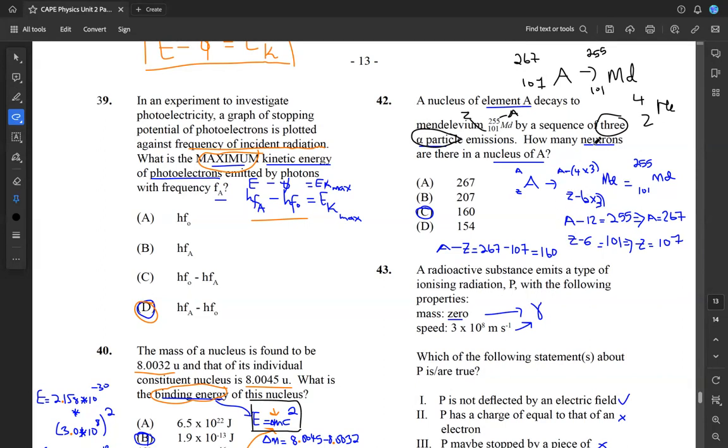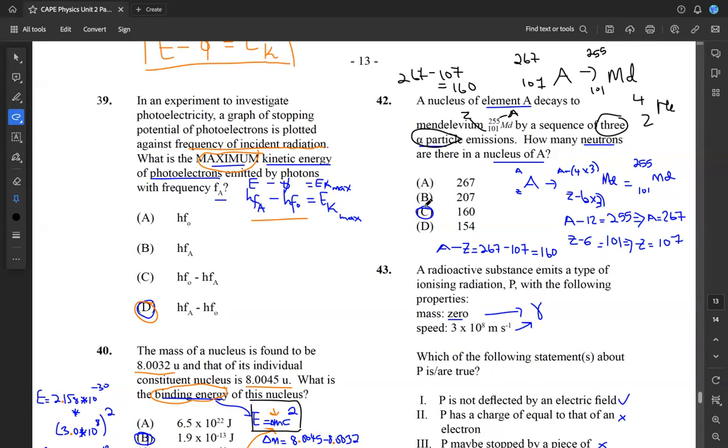So if they're asking us how many neutrons are in the nucleus of A, they're asking us about the element A. So to find the number of neutrons, all we have to do is take the mass number, which is 267, we calculated that, and then subtract the atomic number from that, and that will give us how many neutrons are there in the nucleus, and that is actually 160. So we select 160, that's our answer.